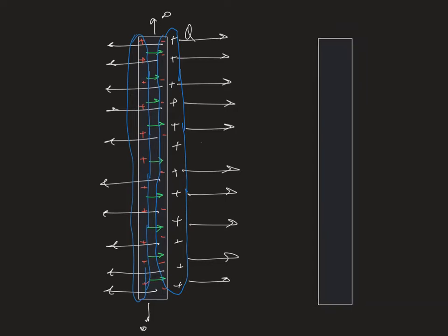And as I said, I gave it a charge Q. Let's say that half of the charge, exactly half, accumulates on the right side, Q by 2. And the other half of the charge, Q by 2 obviously, accumulates on the left side.